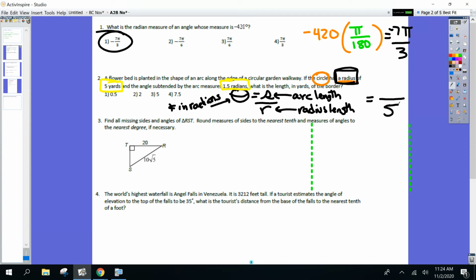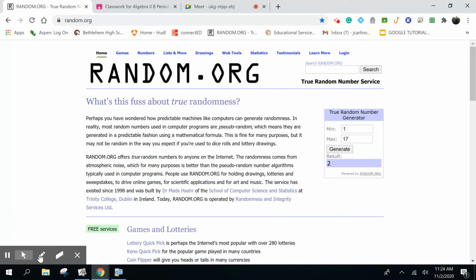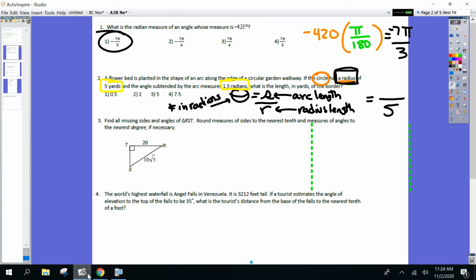All right. What about the 1.5 radians? Radians. That's an angle measure now. 1.5 radians. Here we go. Bassett, where should I put the 1.5 if it's radians and angle measure? In the theta. Theta. So 1.5 equals, and it does say what's the measure of the arc. So you guys are solving for S. 1.5 radians equals S over 5.